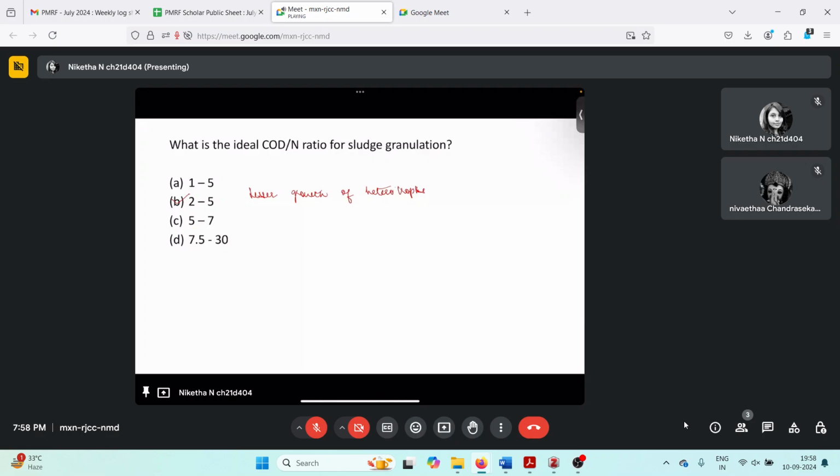If heterotrophs are there, they are going to consume the autotrophs and their population is going to reduce. So for the formation of granulated sludge, this 2 to 5 COD to N ratio should be maintained so that the growth of heterotrophs is reduced.